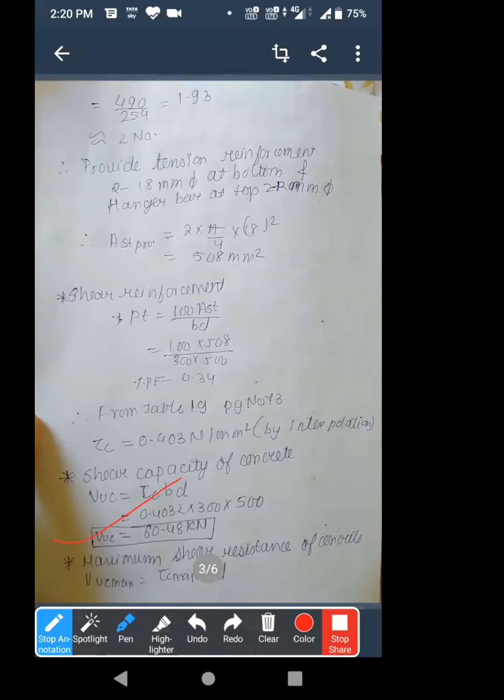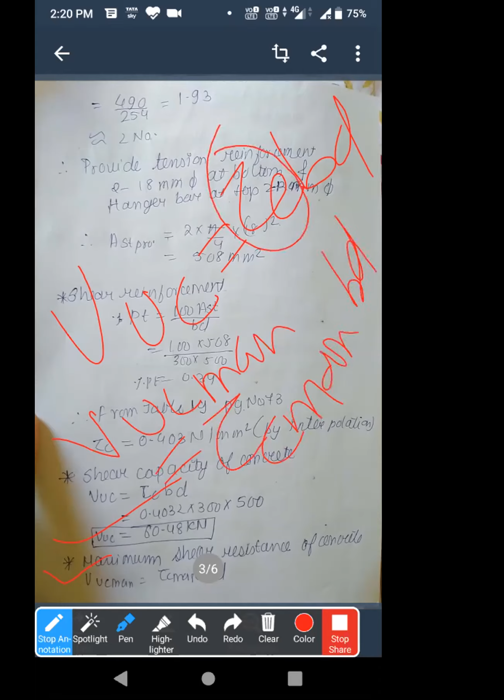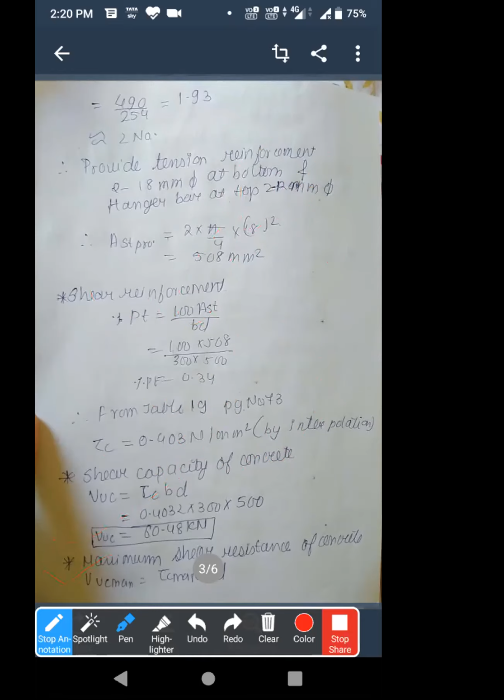The maximum shear resistance of concrete can also be calculated. How to calculate it? Vuc is equal to tau c into b d. For the maximum shear resistance of concrete, put the value of tau c as tau c max, and the formula will be the same. Then you will get the maximum shear resistance of the concrete.